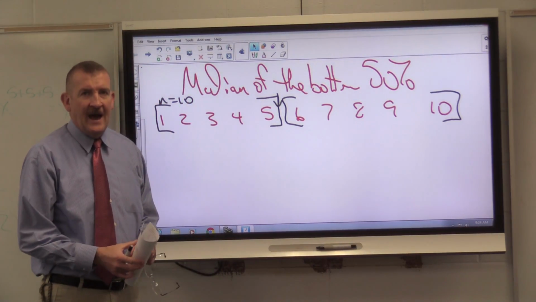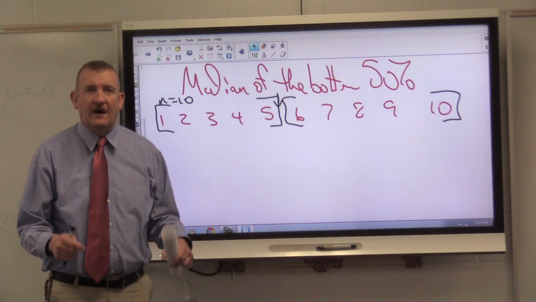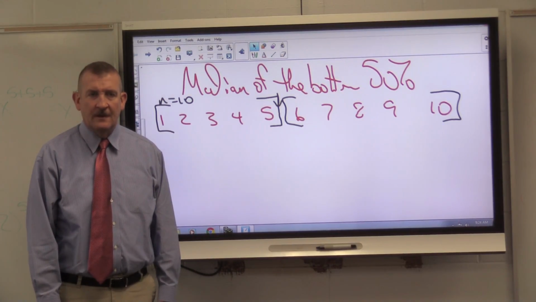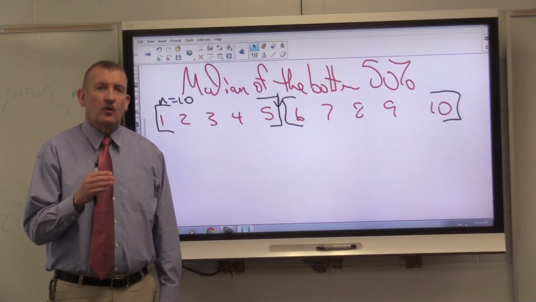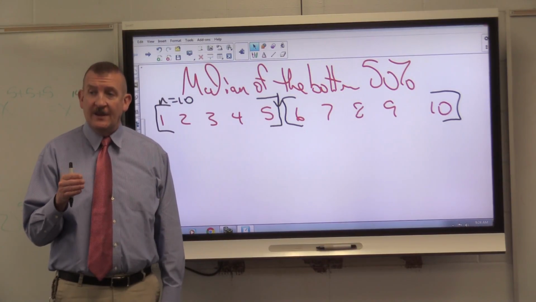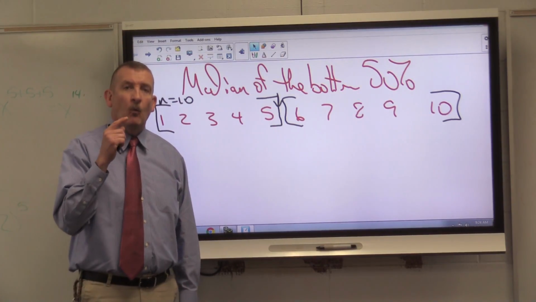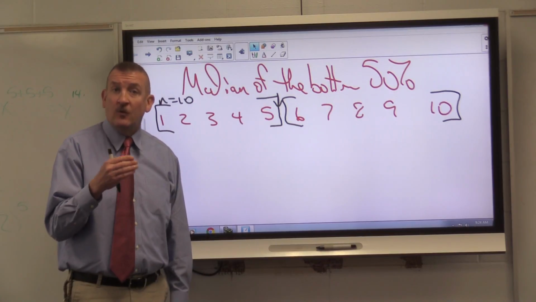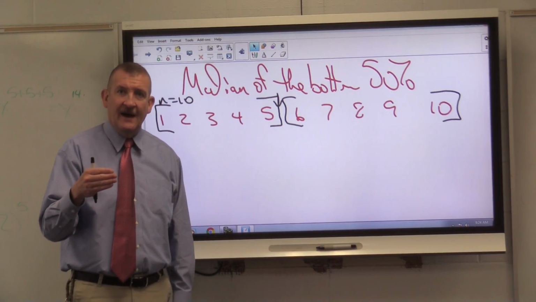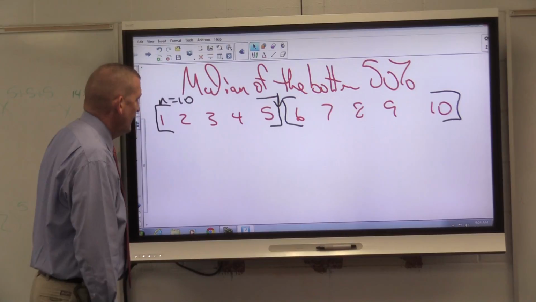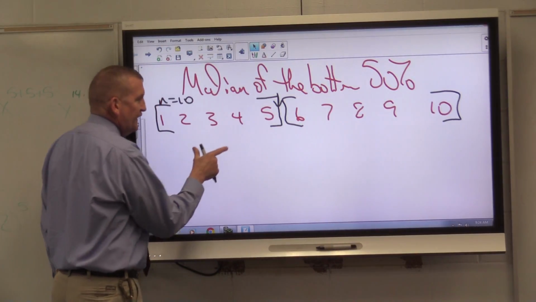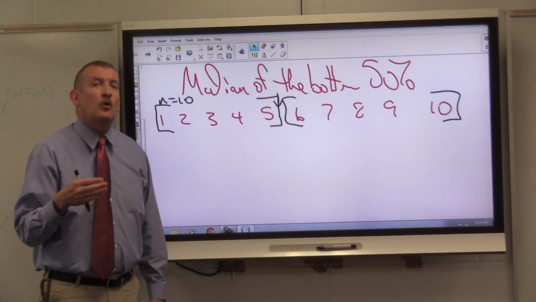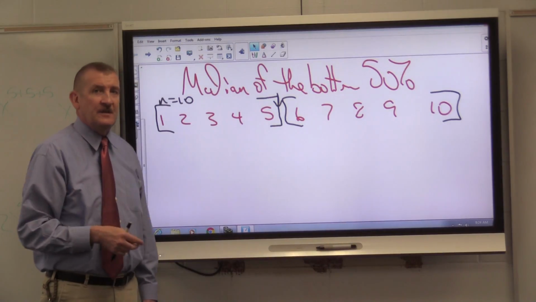Now, here's where the quartiles come into play. What did I say the quartiles do? They divide your data sets up into 1/4 or 25%, i.e. the word quartile. Well, here's my lower 50%. How many quartiles are in your lower 50%?